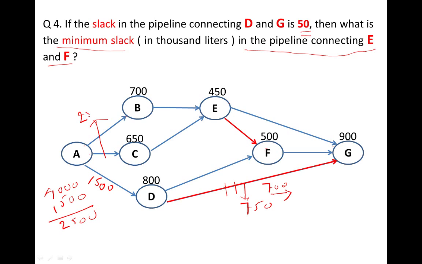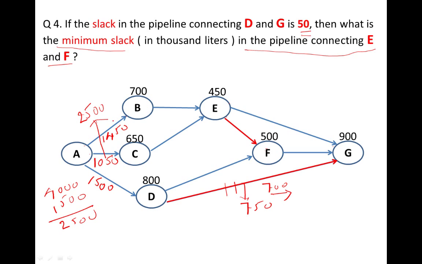So this sum must be 2500, the flow of A to B and A to C. Now I can take 1450 for B, so the rest I can take A to C, that is 2500 minus 1450, you get 1050. So this 1050 is the flow from A to C.